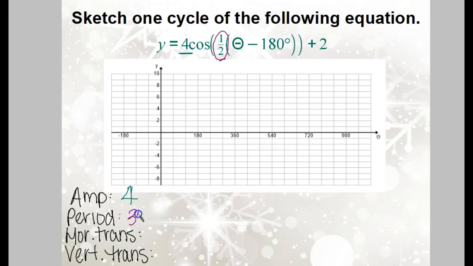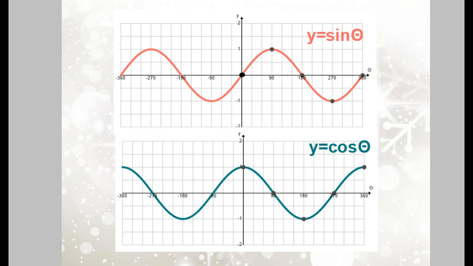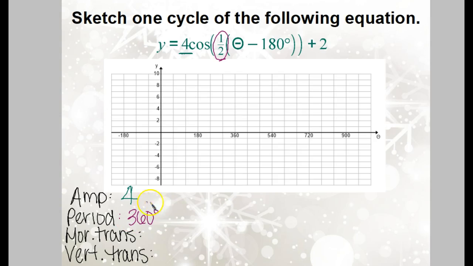And so I'm going to take 360 degrees, which if you reference the parent functions of sine and cosine, you can see that one full cycle takes 360. So I'm going to take that 360 times the reciprocal of 1/2, so I'll end up doubling it. So that means that my new period is twice the amount, so 720 degrees.